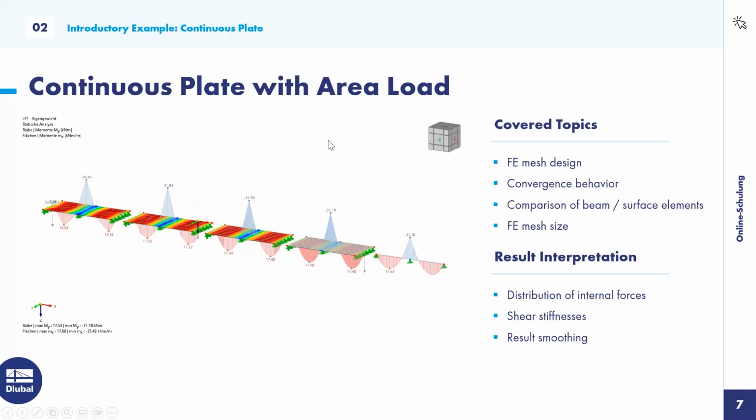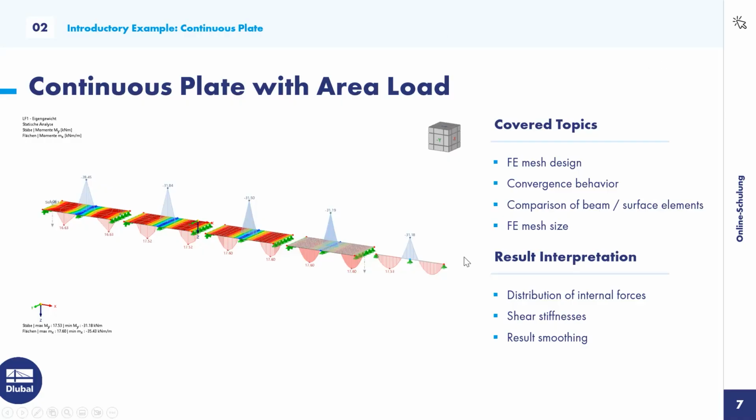And now we can just jump into the program. I will go rather slow today, so you can model along if you want to. And this would be the best moment to start RFEM 6 on your computers, so it's all set up when we start modeling.